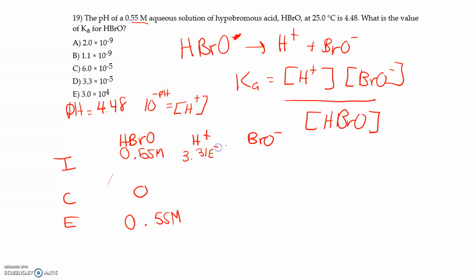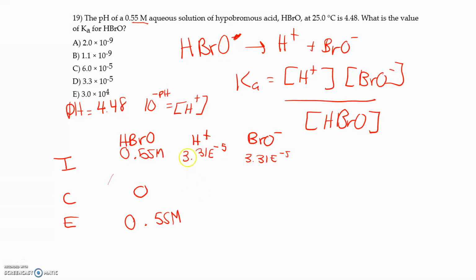So very small. If that's the concentration of H plus, that's also going to be the concentration of BrO minus, so 3.31 times 10 to the negative 5. So you can see now why we consider this to be negligible.